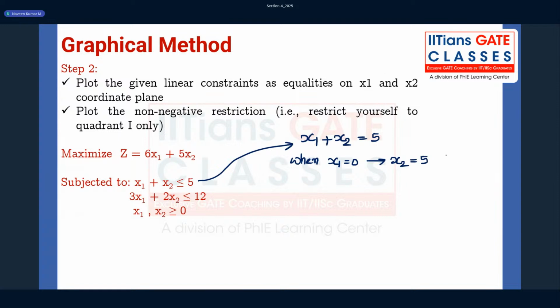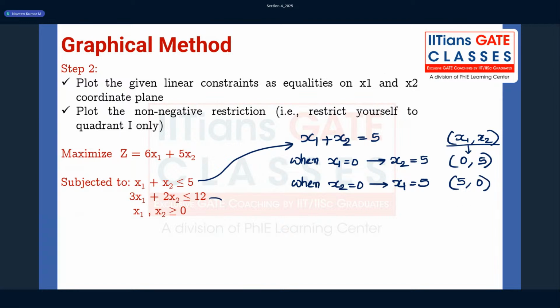I want to find the points x1 comma x2, so it will be 0 comma 5. And when x2 is equal to 0, then x1 is equal to 5, so this will be 5 comma 0.